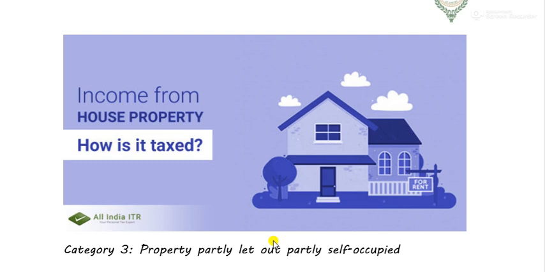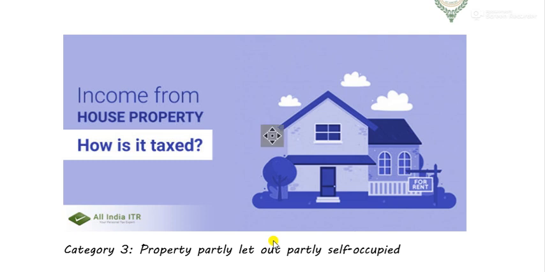The second case is that the house property has been divided into two units. Suppose the house property has been divided into ground floor and first floor, and the ground floor is self-occupied and the first floor is let out to a tenant. This is the second case.